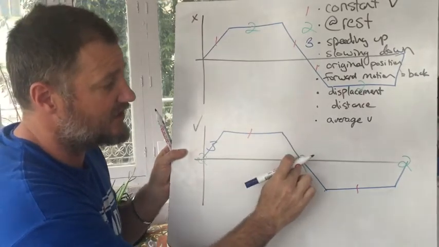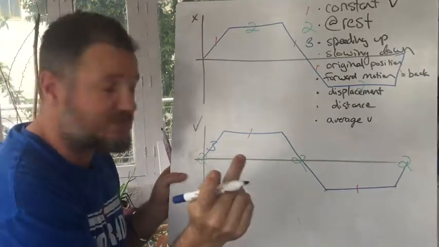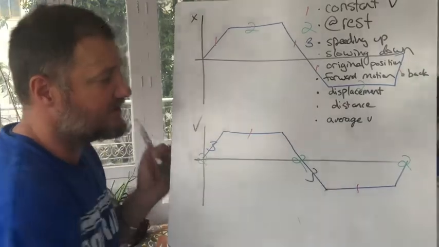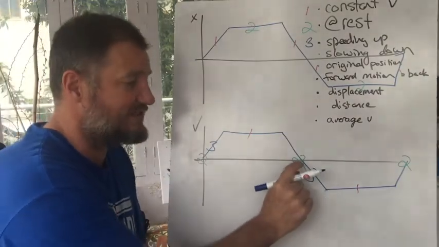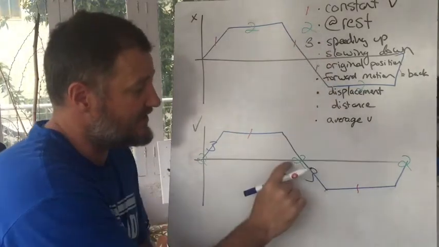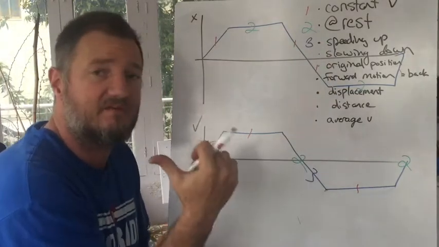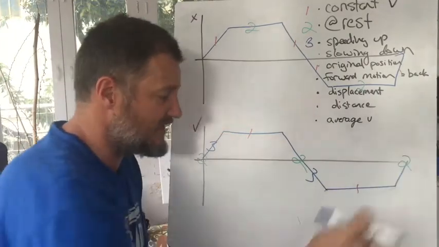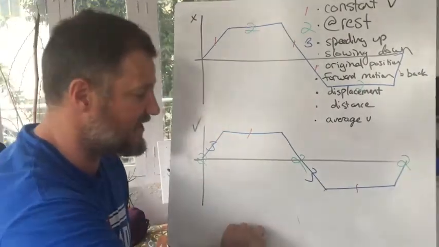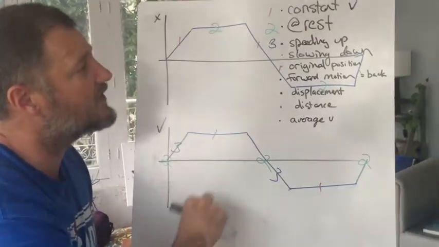And then it slows down here. But this is interesting. It's speeding up underneath the x-axis. As you cross through this here, your velocity is 0, and that's what this 2 represents. And then it starts speeding up, but in the negative direction. So speeding up here, coming across, and then it slows down right there. And so we're going to put numbers on slowing down. We'll call this number 4.